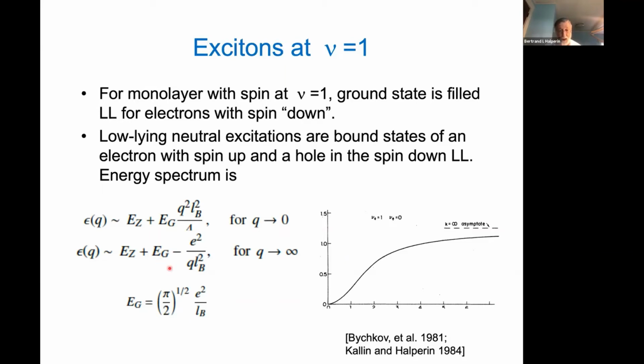In fact, for electrons and holes, the separation between them is just Q times LB squared. And so there's a correction to the energy of the electron and the hole, due to the finite separation, which is E squared over the separation for the Coulomb attraction. And that gives you this spectrum, which is quadratic at small Q, and becomes asymptotic to this at large Q.